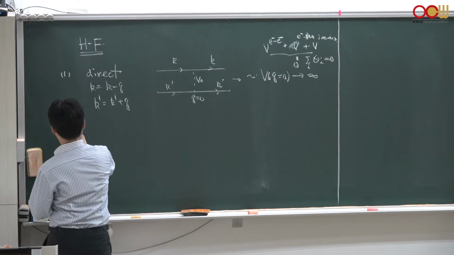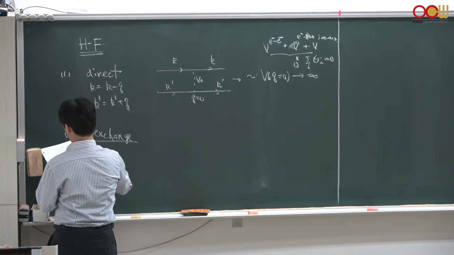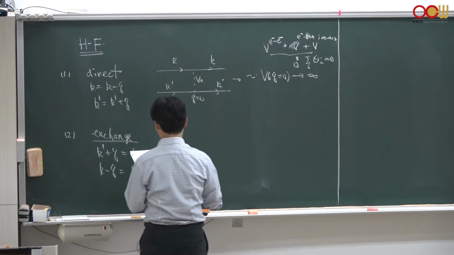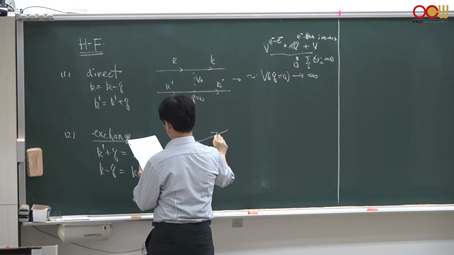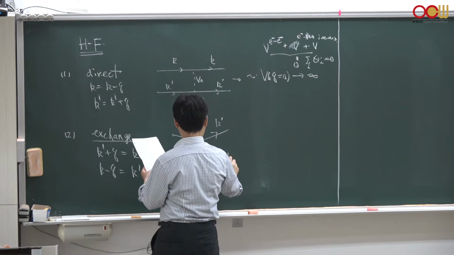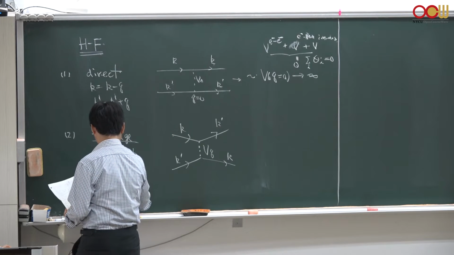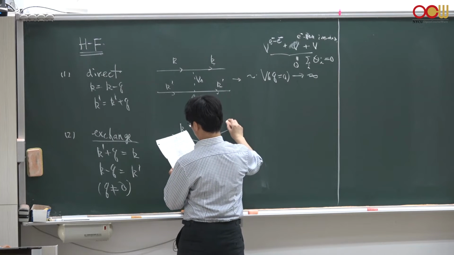So we don't worry about this. We should focus on these exchange processes, where the initial state K becomes K prime, and K prime becomes K. And you get this K prime, K prime to K, VQ. So now this Q is non-zero, and K prime is what?